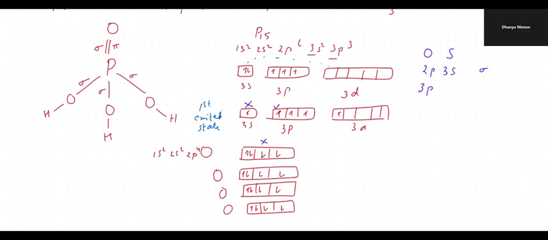Okay, first sigma bond. Now again, I have the 2p orbital of the next oxygen with the 3p orbital of phosphorus. So 2p, 3p. That is also sigma bond.